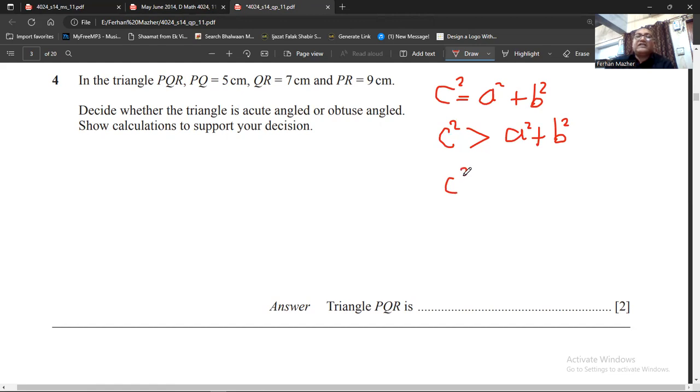If C square, the largest side squared, is less than A square plus B square, then it will be an acute angled triangle.